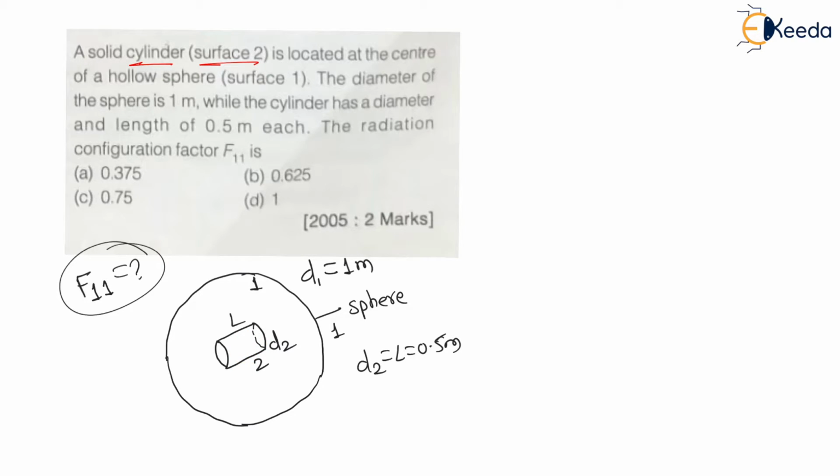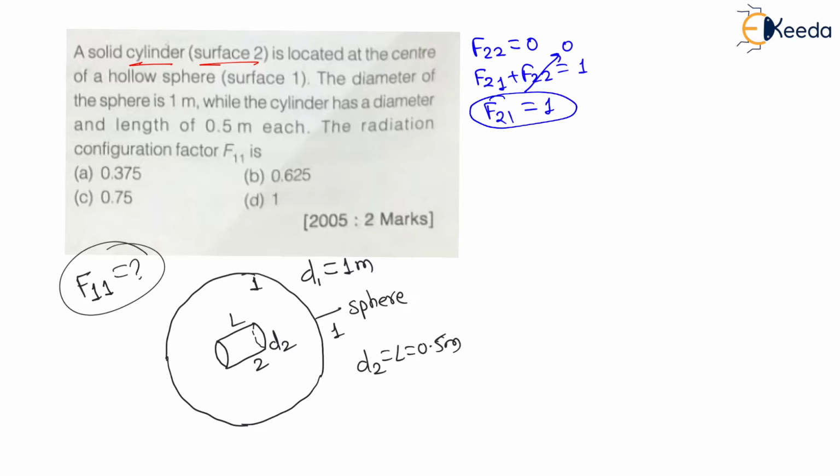Because it is not a concave surface, F22, the view factor of cylinder with respect to cylinder, is 0. As per the addition rule, the summation of all shape factors, F22 plus F21, is always equal to 1. As F22 is 0, therefore F21, the view factor of 2 with respect to 1, is equal to 1.